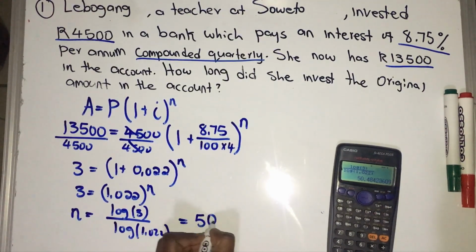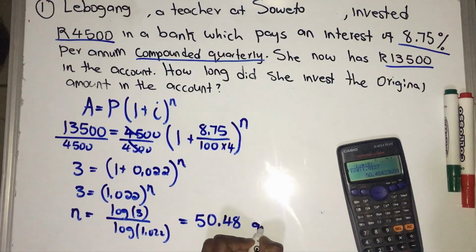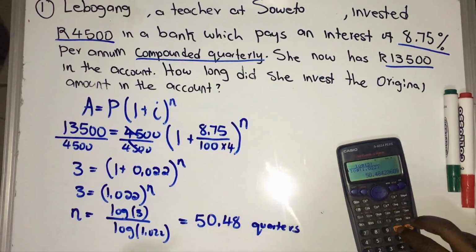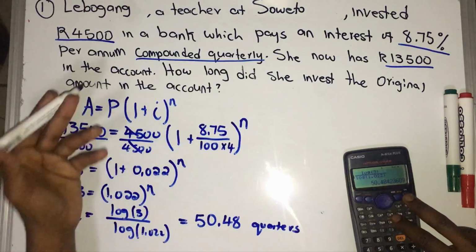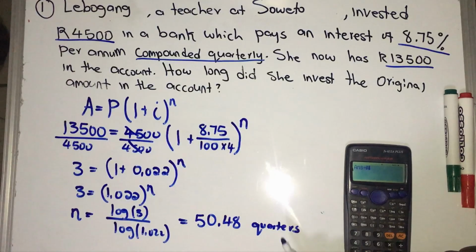That gives you 50.48, and that would be in quarters. To put this in years, because they didn't specify how we should give our duration, we divide this by 4, because there are 4 quarters in a year. That gives about 12.62 years, rounded off to about 13 years.